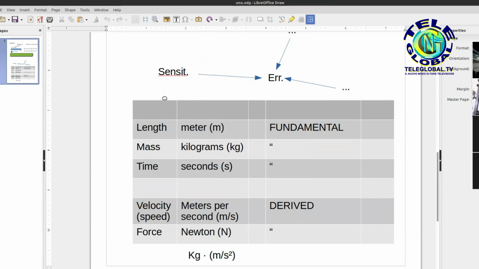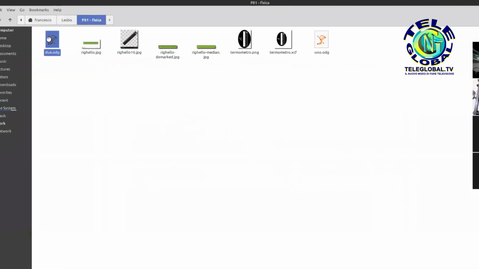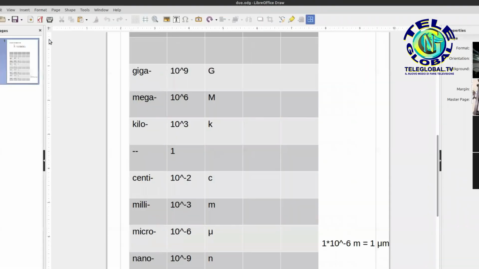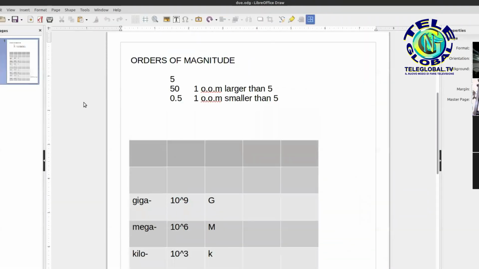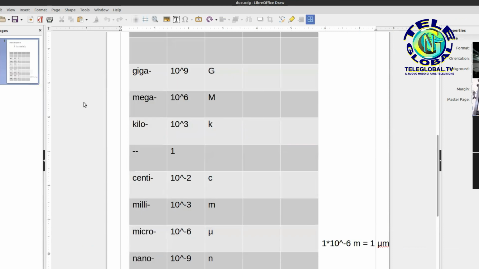And then we also saw some of the major units of measurement. Then I also attempted to explain orders of magnitude with not so much luck, unfortunately.